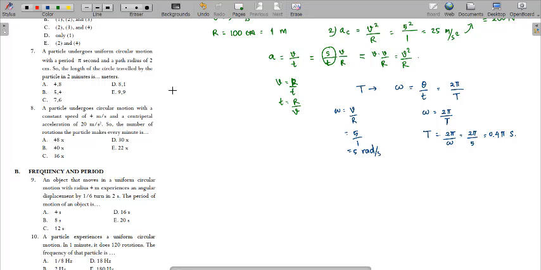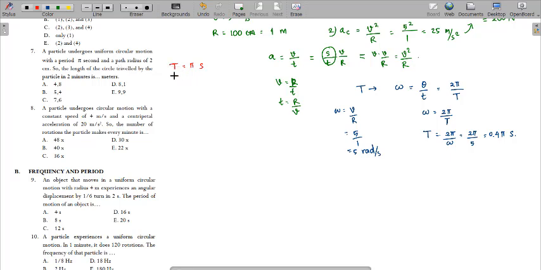Number 7. A particle undergoes uniform circular motion with period. Now you are familiar with period. Period is the time that you need for one full rotation. That is period.